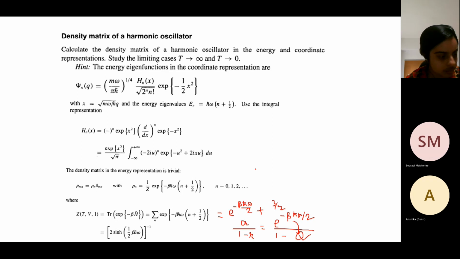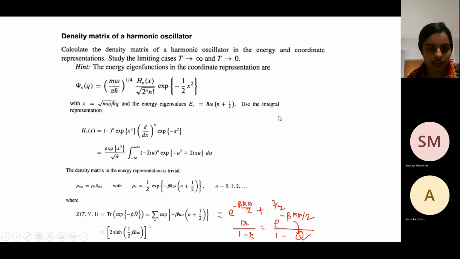But I think the thing that you shared was in the position representation.